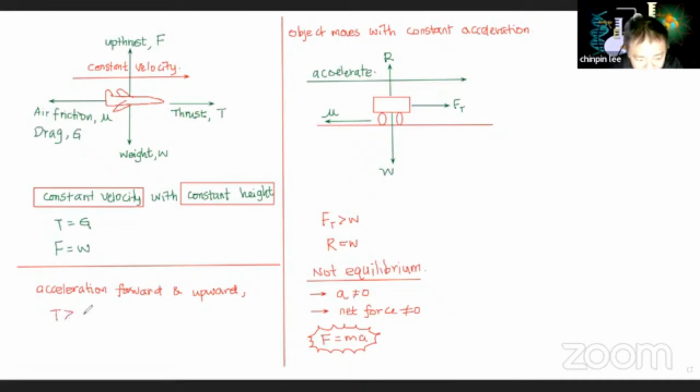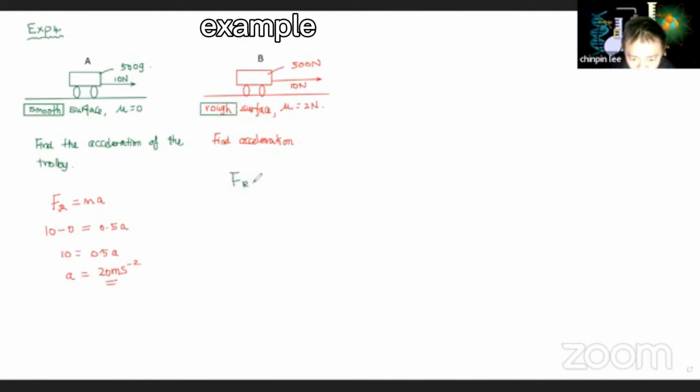When it is not constant velocity, T is greater than G. Because this one is going upward, this one is heavier, this one is bigger. So F is greater than W. I want to find the acceleration. 10 minus 2 is equal to MA. M, this one should be 500 gram. I'm sorry. 500 gram.